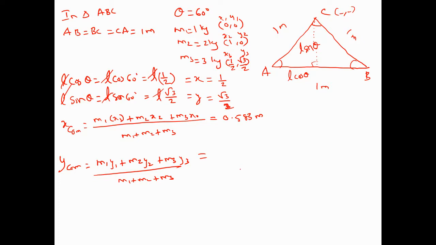Yes, teacher, but wait, I want to do the math. You can work it out and please let me know the answer. Okay. 3.5 over 6, which is nothing but 0.583.